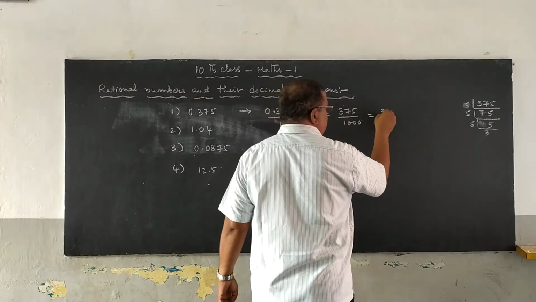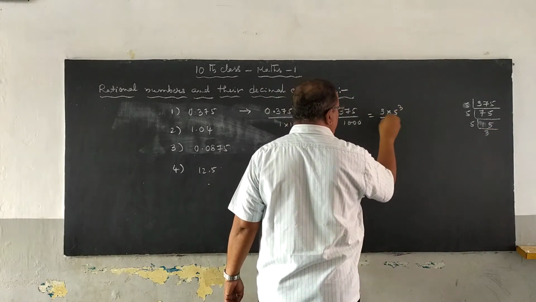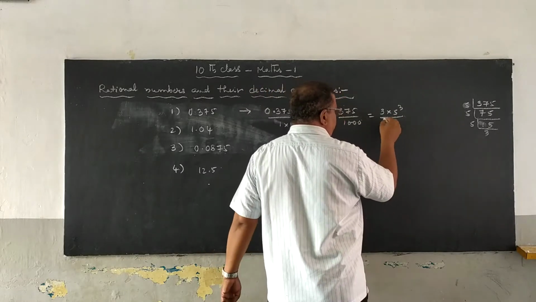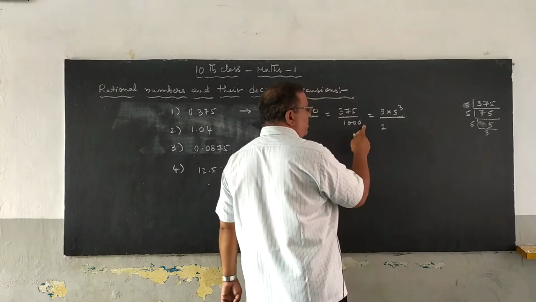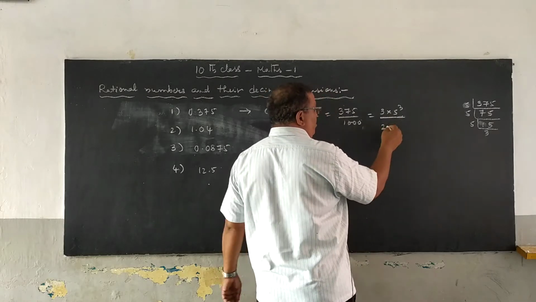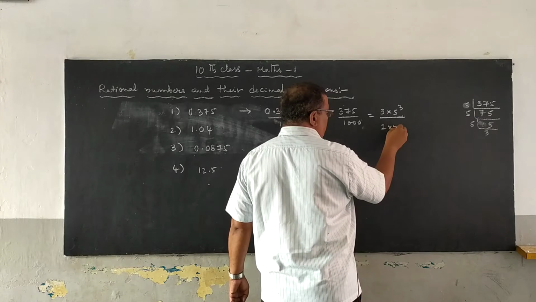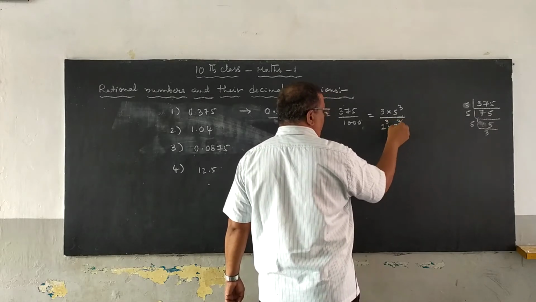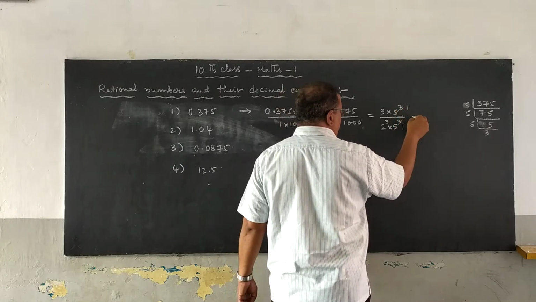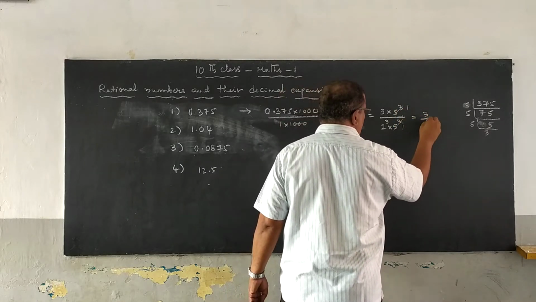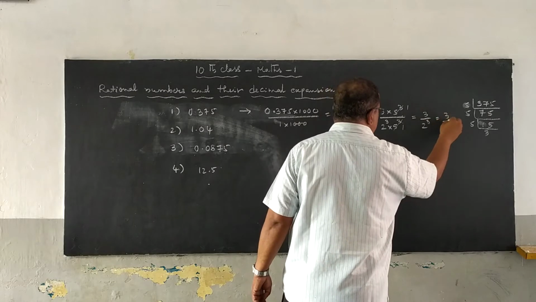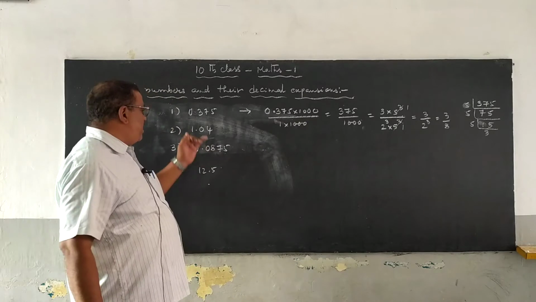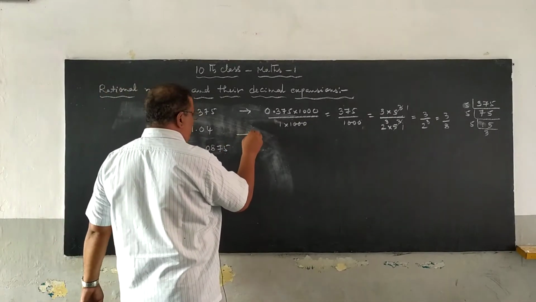So it can be written as 3 into 5 cube by 1000. 1000 can be written as 10 cube. 10 cube is nothing but 2 into 5 whole cube, that is 2 cube into 5 cube. 5 cube and 5 cube cancel, and you get 3 by 2 cube, that is 3 by 8. This is the rational number in its lowest terms. In a similar manner, we have to do the remaining problems also.